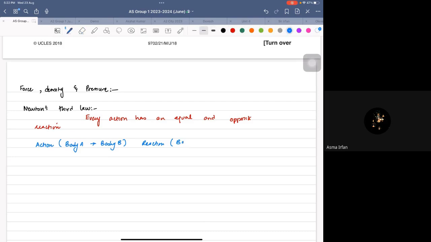Body B applies the same amount of force on body A. So you should always remember that action and reaction involve two bodies only. This is something very, very important.